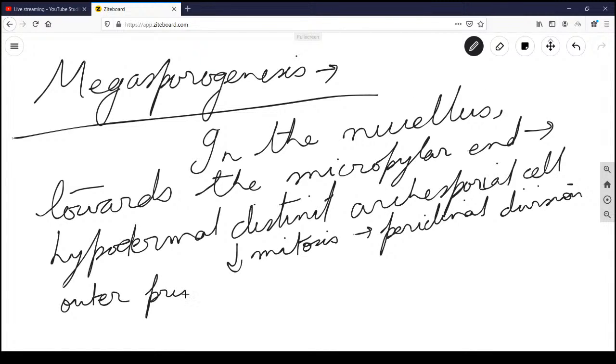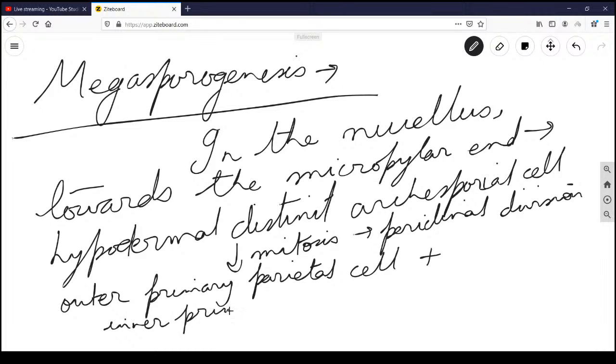They'll form an outer layer of primary parietal cell. You know that parietal means outer in our body also, as opposed to visceral. So primary parietal cell plus an inner layer of primary sporogenous cell. These two cells are formed after mitotic division.